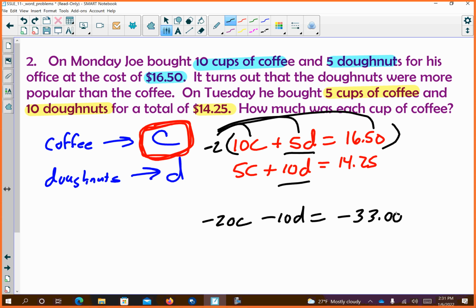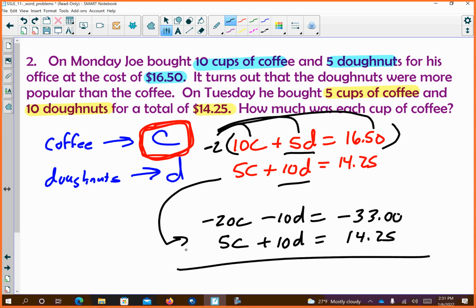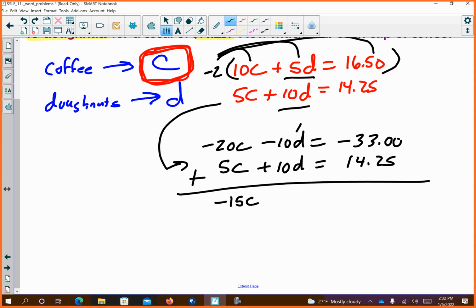The second equation doesn't get affected, so I'm just going to bring this down. All right, we're going to add those together. Negative 20 added to 5 is going to give me negative 15C. The D's cancel out.